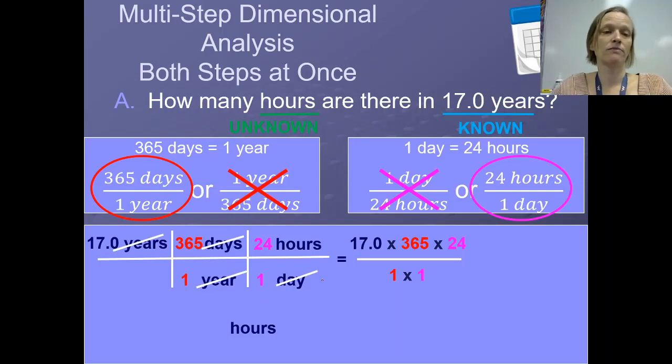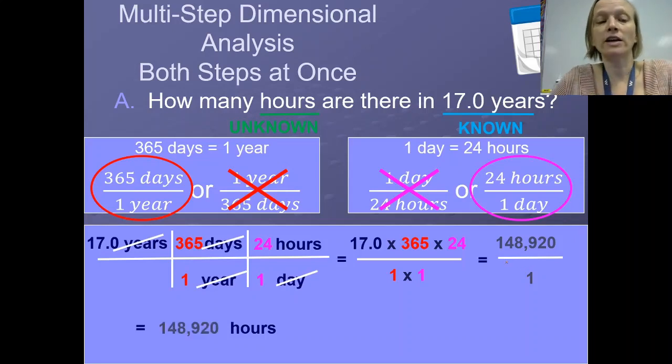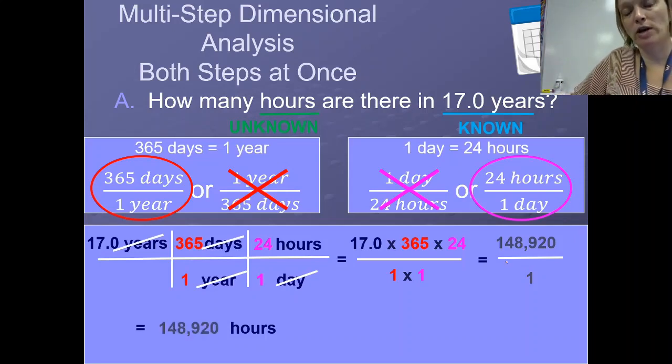Let's do the math. I multiply everything that's up top, 17.0 times 365 times 24, and I divide by everything that's down below. So I end up with 148,920 divided by 1. And so the calculator gives me the answer 148,920.